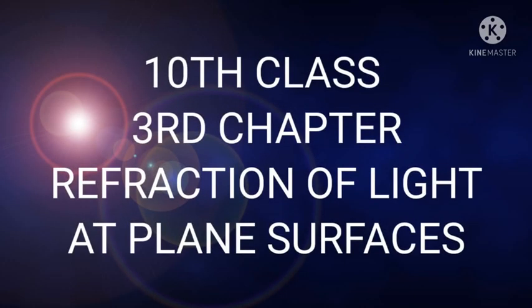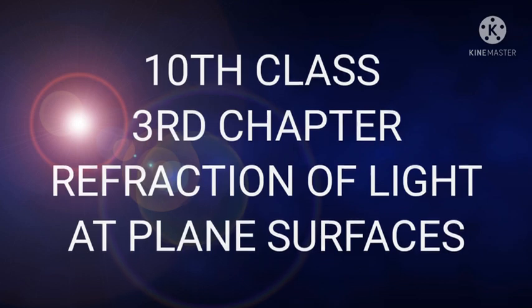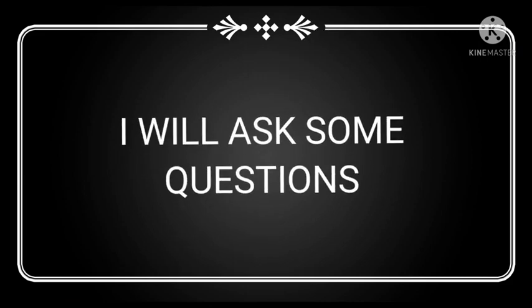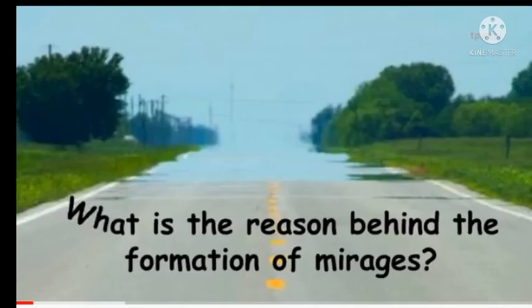Today, I am going to discuss 10th class 3rd chapter, Refraction of Light at Plane Surfaces. Okay, children? I will ask some questions. What is the reason behind the formation of mirages?